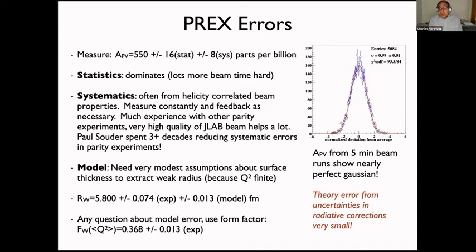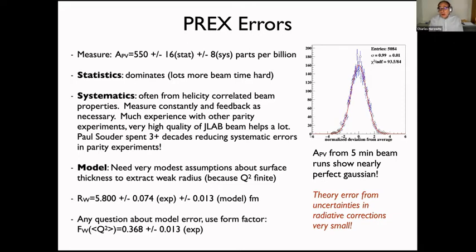Should there be any question about this model error, one can always directly use the measured weak form factor. So it's the Fourier transform of the neutron weak density at the small momentum transfer of the experiment. The value is 0.368 plus or minus 0.013.